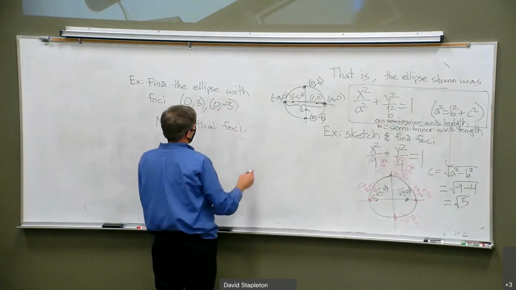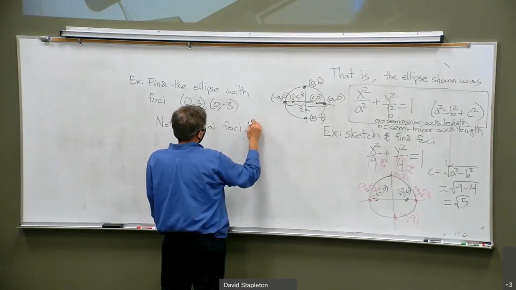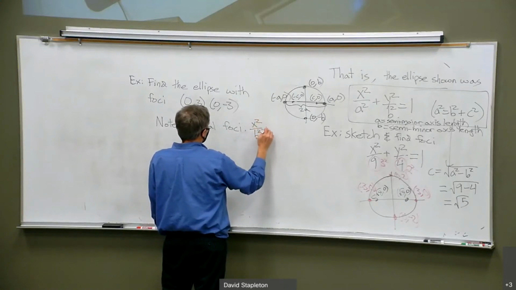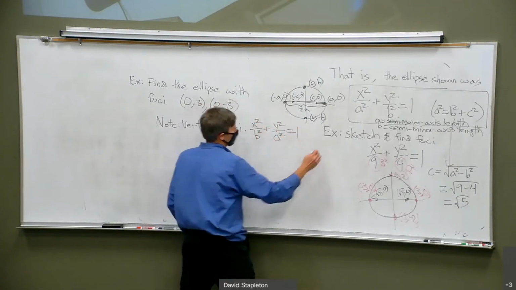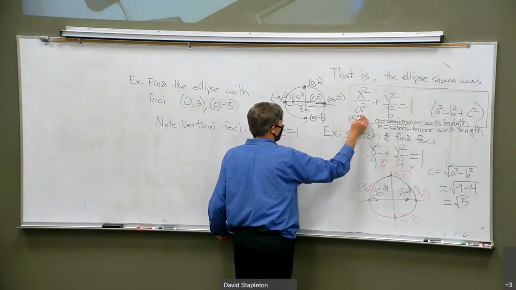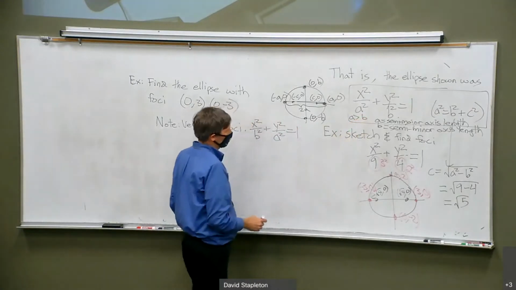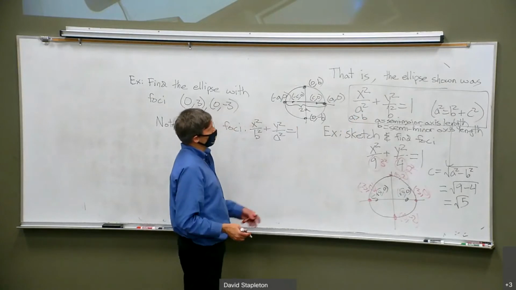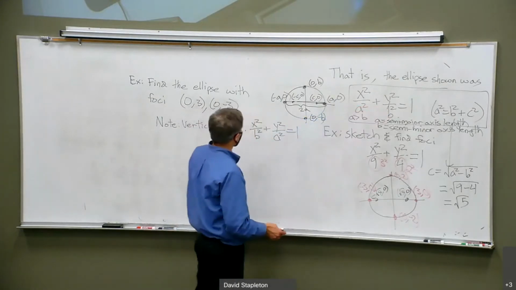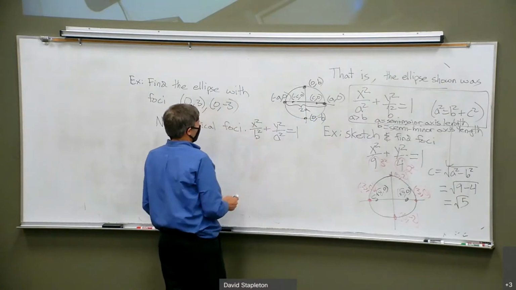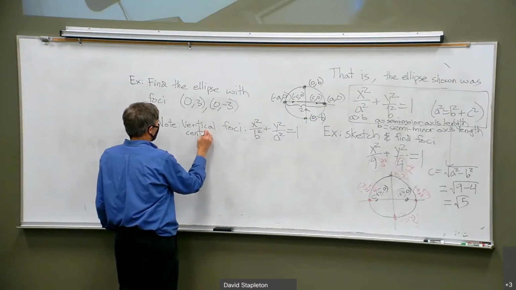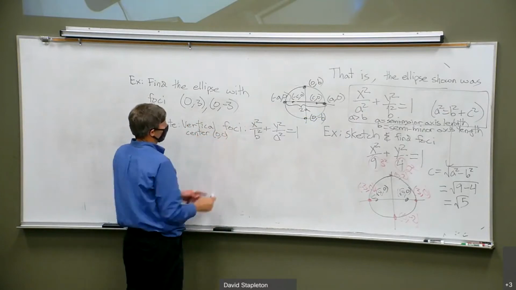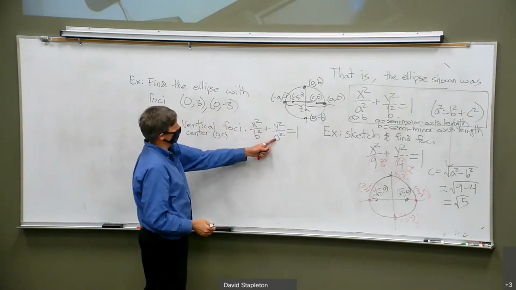Vertical foci, with center at the origin, is x squared over b squared plus y squared over a squared. A is the bigger number in this diagram, A bigger than B, the semi-major axis. If you put A equals B, you actually get the circle equation, see, right? So here's the vertical one with center at the origin. You just interchange A and B so that now y sits over the bigger number.